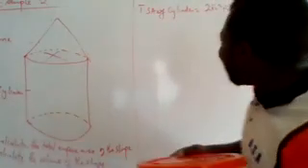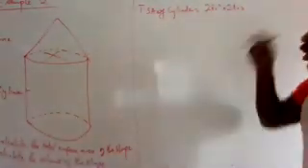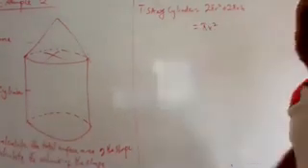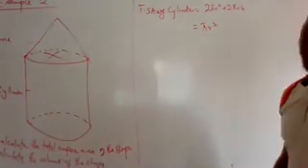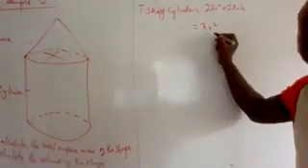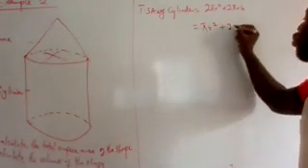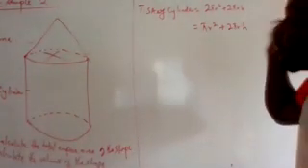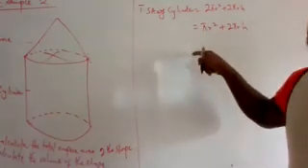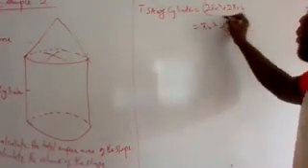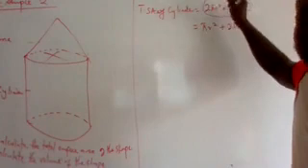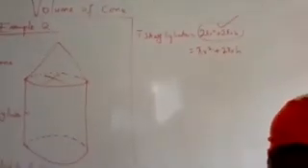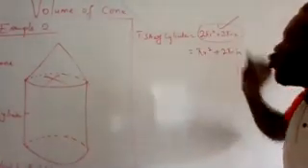So that means for this particular question, you are only going to take pi r squared, not 2 pi r squared. It will be pi r squared, which is the area of this circle, plus 2 pi r h. That's what you will take. That is the reality of this question. Are you following me? Ordinarily, total surface area of a cylinder is this. But because of the peculiarity of this question, you will not take these two.